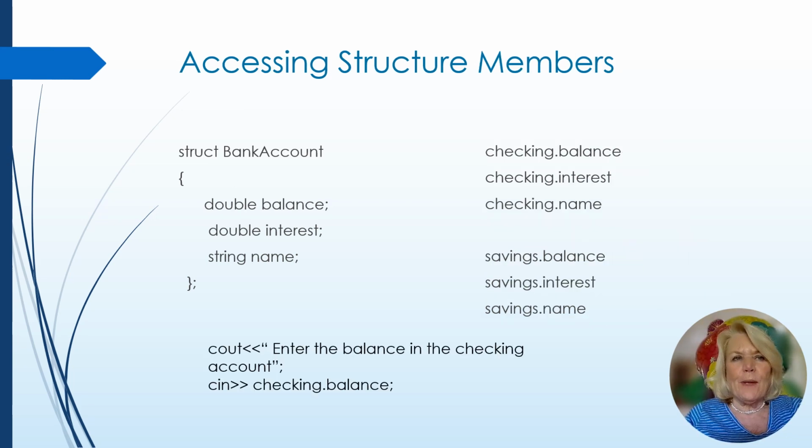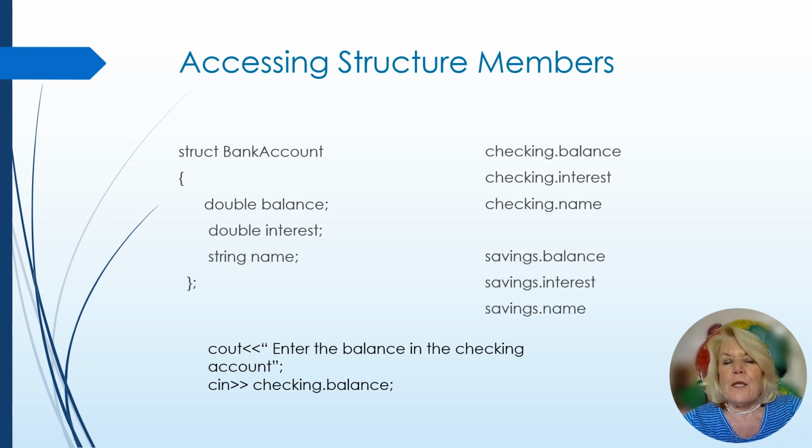The dot operator, or period, is used to access the members of the struct. This way, you can change the values of balance, interest, and name for the checking variable and the savings variable. So on the left, you see the definition of the struct bank account. Over on the right, you can access balance from the checking account struct variable by saying checking.balance, checking.interest, checking.name.